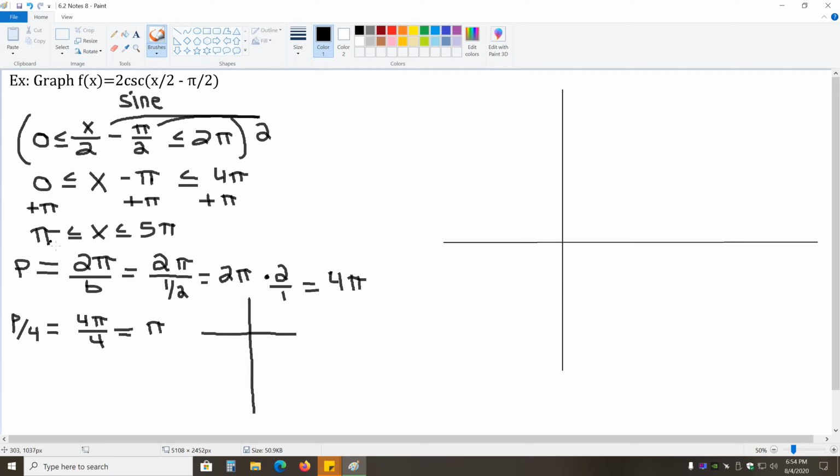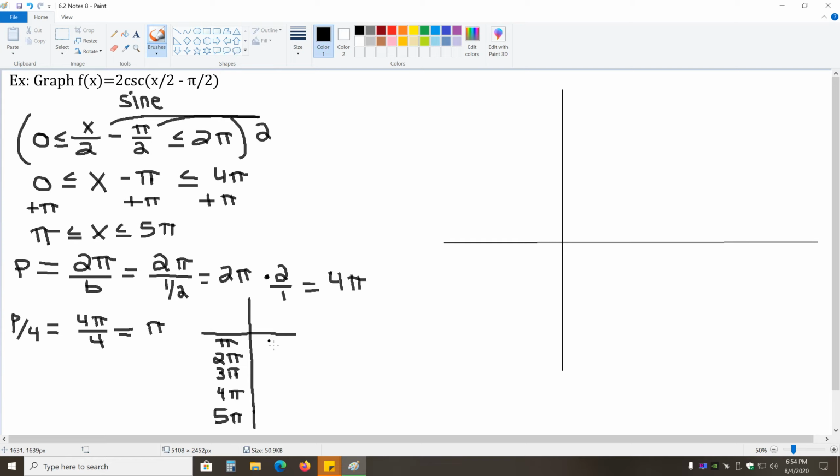We start at the left value, pi, and we add P over 4, which in this case is pi, 4 times to that value. So we have pi plus pi is 2 pi, plus pi is 3 pi, plus pi is 4 pi, and plus pi is 5 pi. We've added it 4 times. Let's check the initial value and the end value. They match the inequality, so we've probably done this correctly. It's just a quick check we can do.